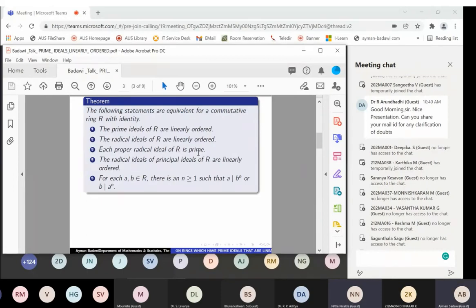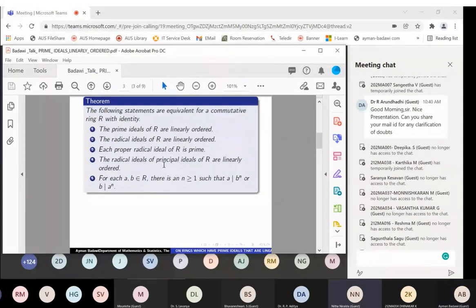So if the radical of each proper ideal is prime, then definitely the prime ideals will be linearly ordered. It's enough to say the radical ideals of principal ideals are linearly ordered.